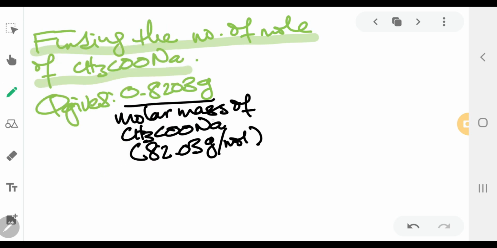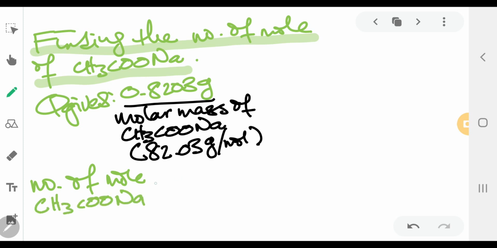So after you have done that, the number of mole for CH3COONa would be about 0.01 mole.